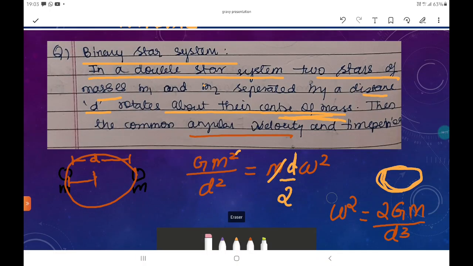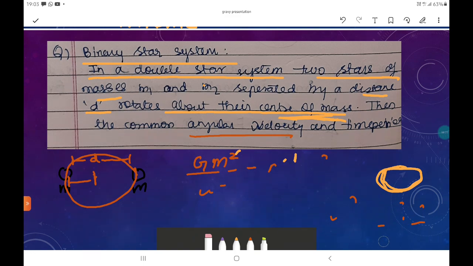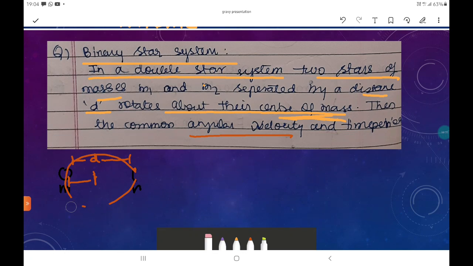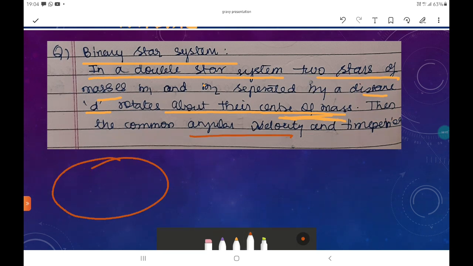One second, we have forgotten one important point. Why does it come as d cube? What did we forget? I will tell. See, this was your star system, with two stars and the distance between them d.